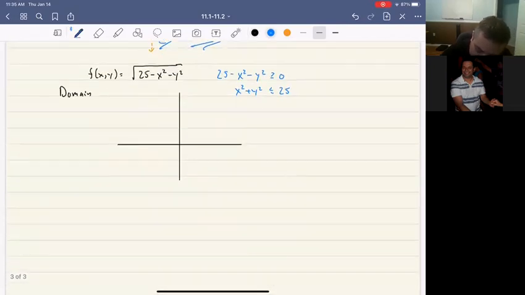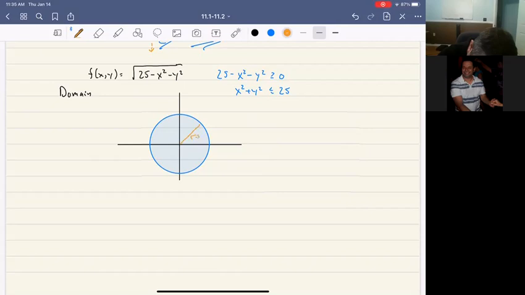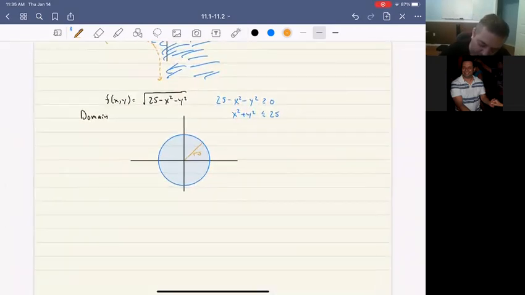Let's see how good I am with it today. There it is. And it's a circle of radius 5. Okay, and they already shaded it in for us.